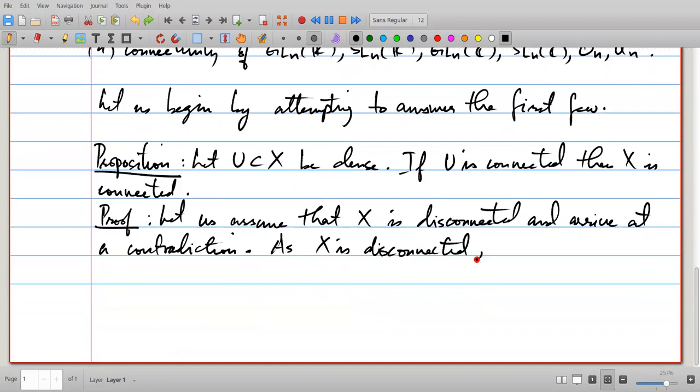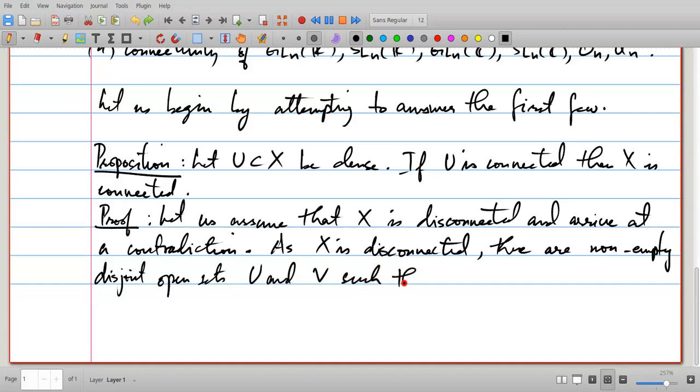So that is, there are non-empty, disjoint, open sets U1 and U2, because we've already used the notation U, such that X is equal to U1 disjoint union U2.